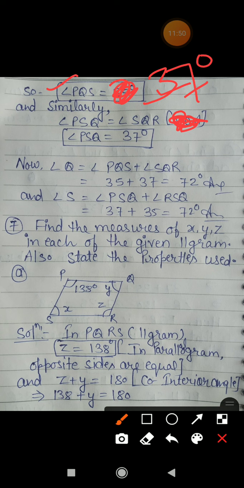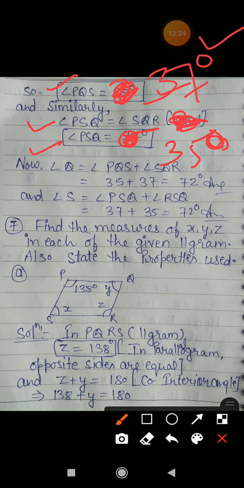Here is the alternate interior angle, so you have to write angle PSQ. Angle PSQ is also the alternate interior angle of angle SQR. Angle SQR is 35, so you have to write 35 here. So angle PQS is equal to 37 and angle SQR is equal to 35 degrees.